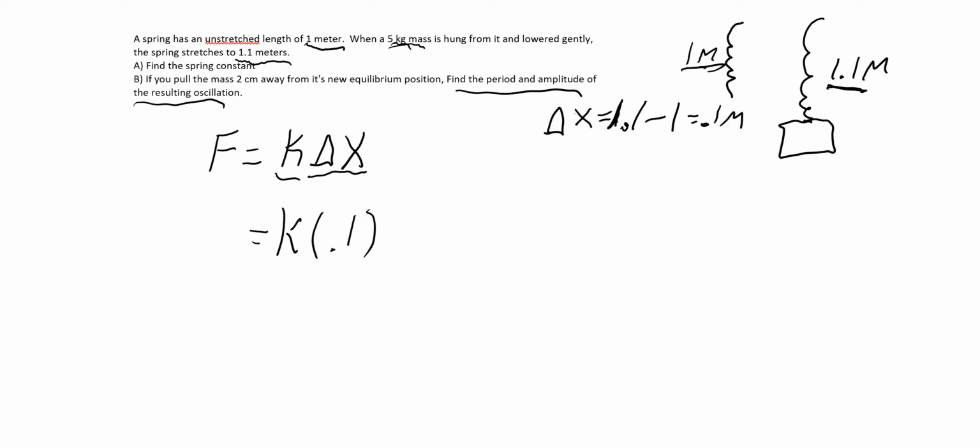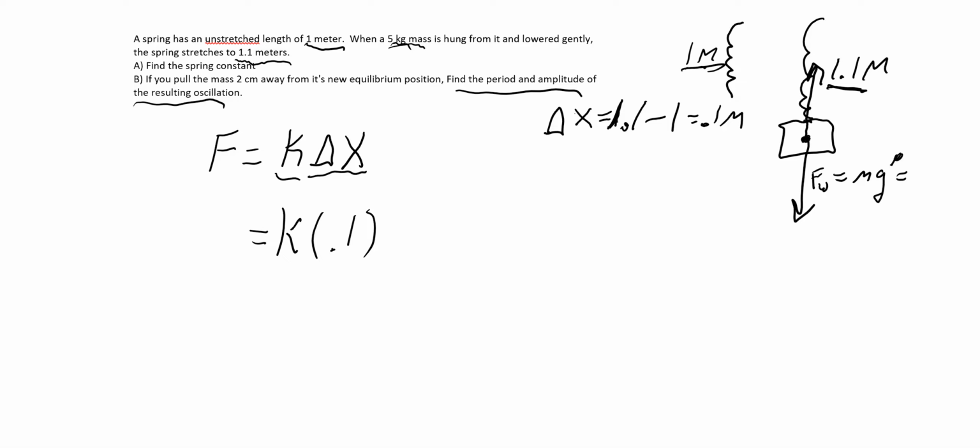The problem is I don't know k and I don't know the force. Or do I? What we're saying is that I'm putting something that has weight on the spring. So it's actually the weight of the thing that is pulling on the spring, and the spring is pulling back up, and these two forces are balanced. If you remember from the mechanics unit, the force of weight is mg, where g is 9.8 meters per second squared.